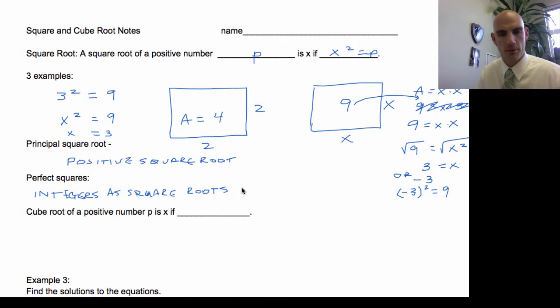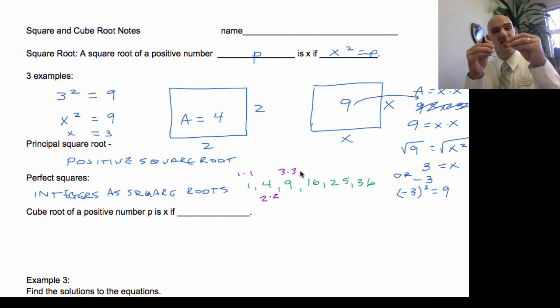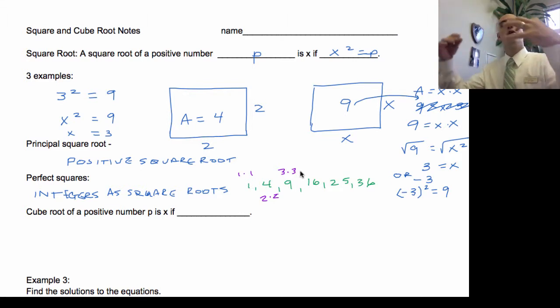So, for example, 1, 4, 9, 16, 25, 36, etc. Because 1 is 1 times 1. 4 is 2 times 2. 9 is 3 times 3. So you see how I'm multiplying integers together to get those numbers? So you can go on and on to these perfect squares.